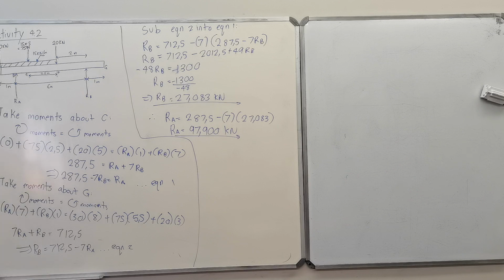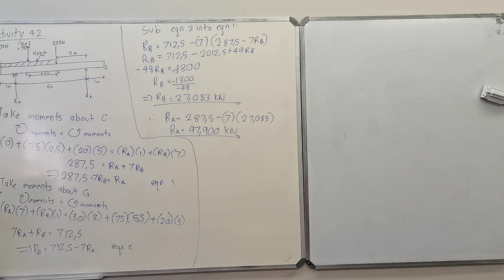So 27.083 plus 97.900 is 125. If you round it up, it will be 125, right? And if you get 30 plus 75 is 105 plus 20 is 125. So now your upwards forces are equal to your downwards forces. Everybody okay with that?